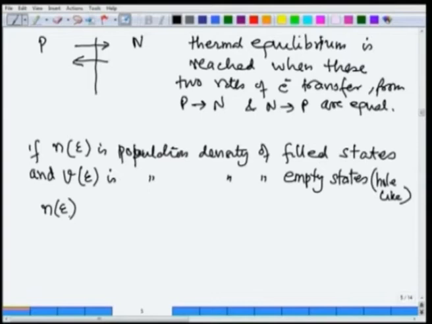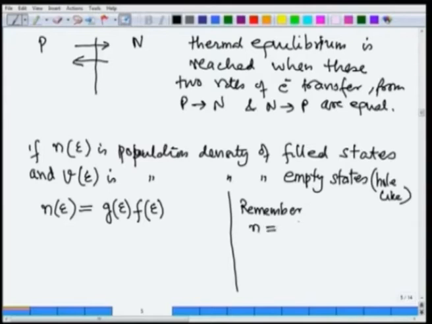what is this function? We have already learned this before, that this quantity will be equal to G(E), which is the density of states, times the Fermi function, the probability of finding an electron at energy E. Recall, if you have already forgotten, then remember we had done this, we had calculated n as equal to the integral from Ec to infinity of G(E) f(E) dE.